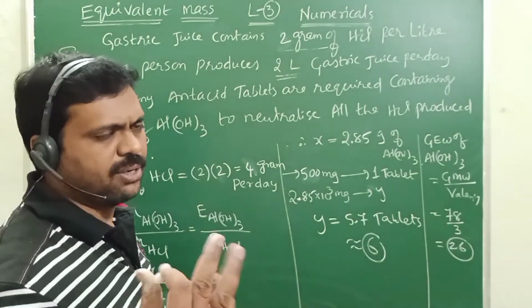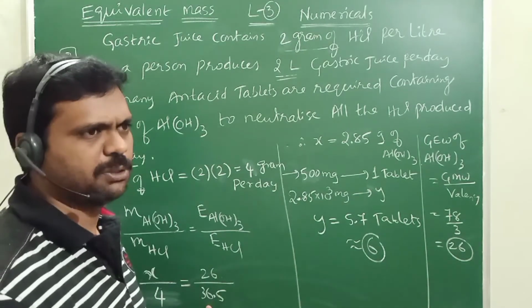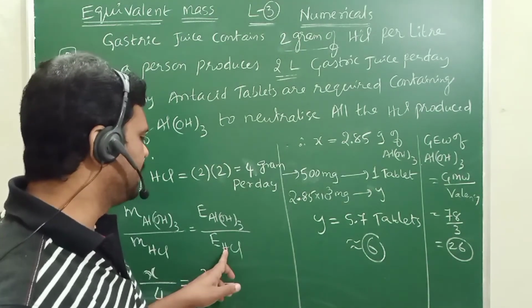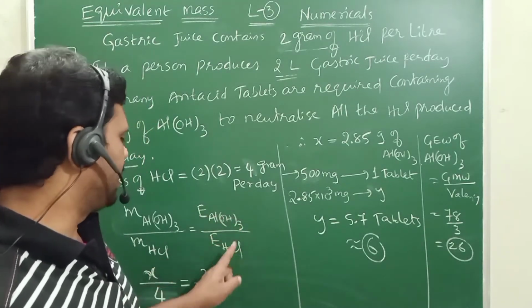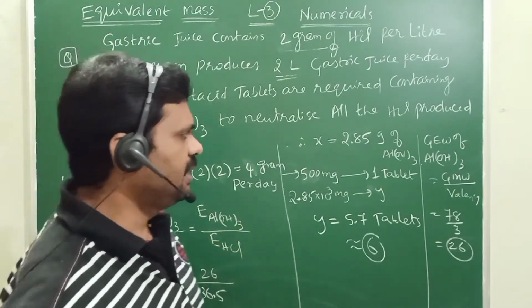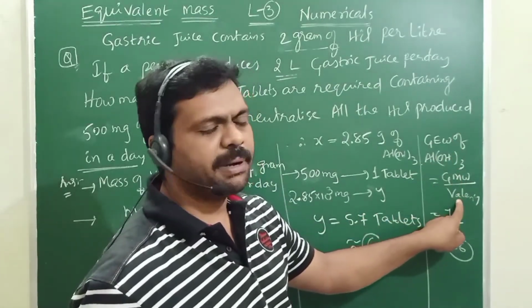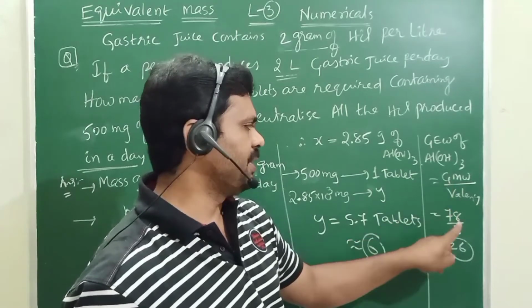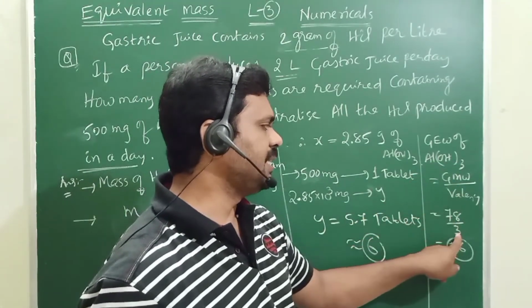Now for HCl, hydrogen is 1, chlorine is 35.5, so the molar mass is 36.5 and its valency is equal to 1. Now how is the equivalent mass of aluminum hydroxide equal to 26? We know that 1 gram equivalent weight is equal to gram molecular weight divided by valency. The gram molecular weight of aluminum hydroxide is 78 and its valency is equal to 3.